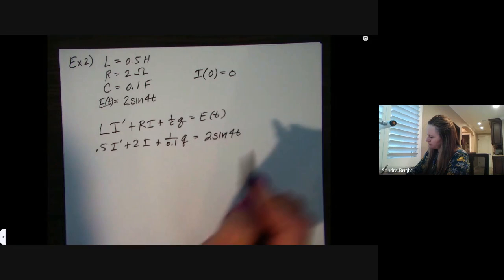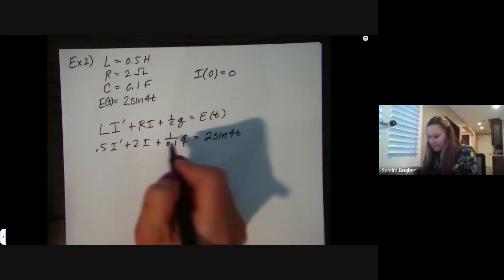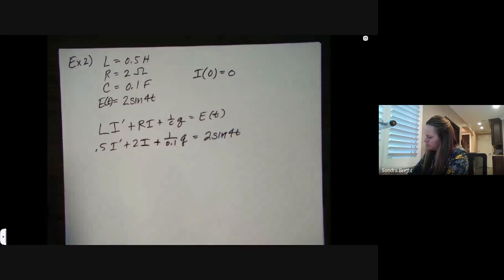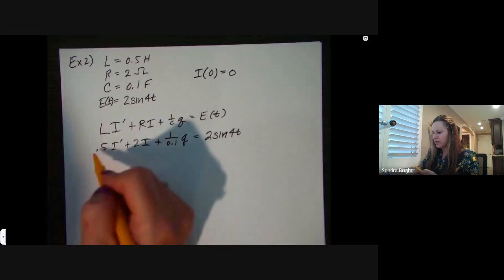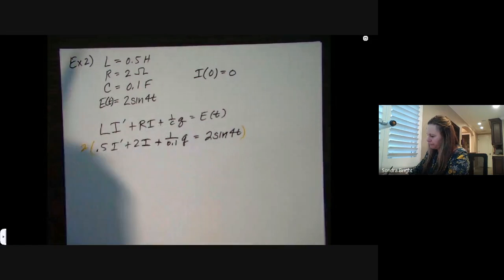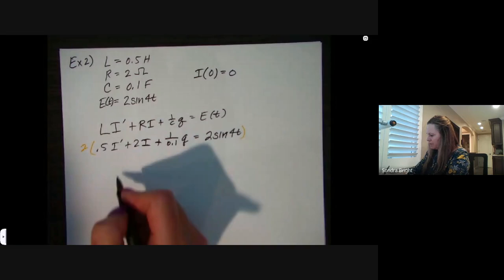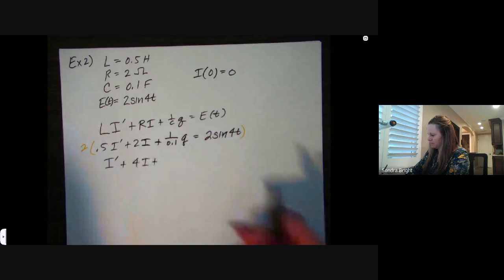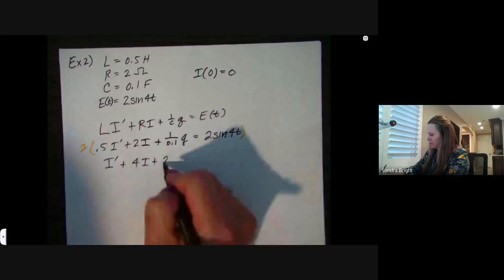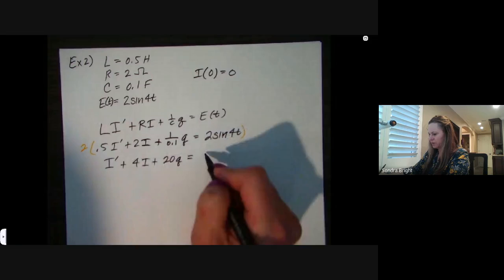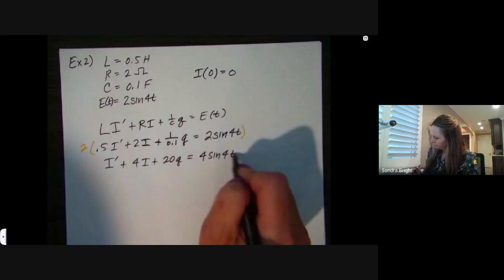I'm going to make this first coefficient 1 by multiplying both sides of the equation by 2, and that'll give me I prime plus 4I plus 20Q is equal to 4 times sine of 4t. Since 2 divided by 0.1 will give you 20.